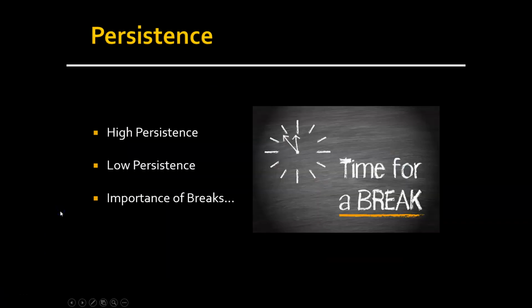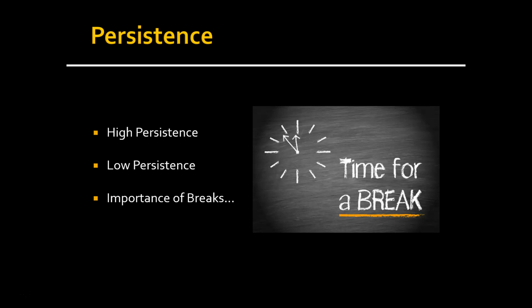Now, in relationship to the study environment, there's also something called persistence, and we have high persistence people and low persistence people. Generally, when you hear the word high, it's good, right? High grades, high performance. But in this case, actually, it is better to be low persistent when we're referring to your study environment. And basically, high persistence people mean they can sit there in that study environment and they persist for a long period of time without deviating from that position, from sitting there, from processing, from working.